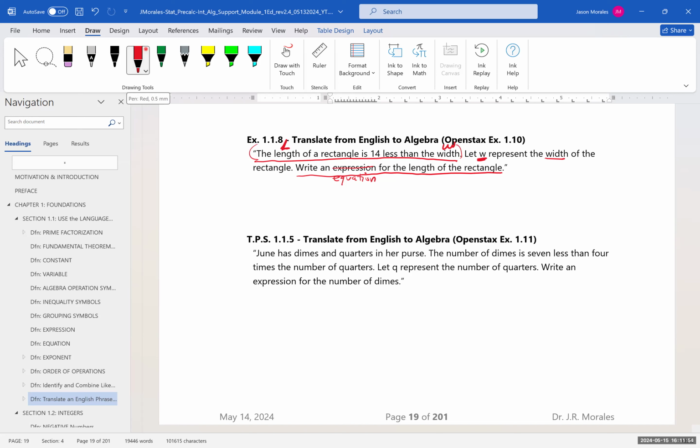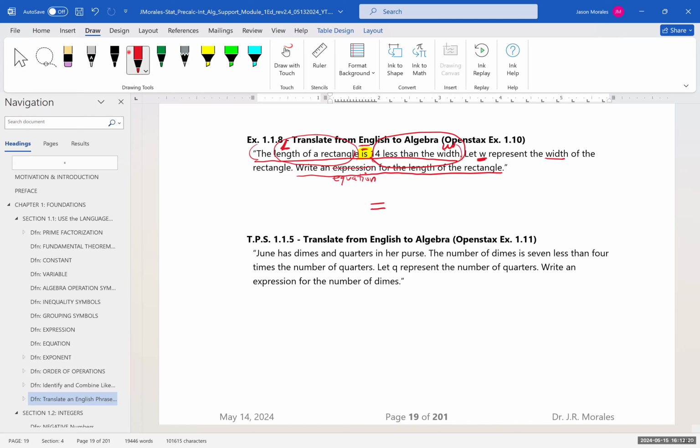So we have the length of a rectangle is 14 less than the width. What I'm cluing in on here is the word is. The word is typically means equals. So we've got this stuff on the left-hand side of the equal sign, and this stuff on the right-hand side of the equal sign.